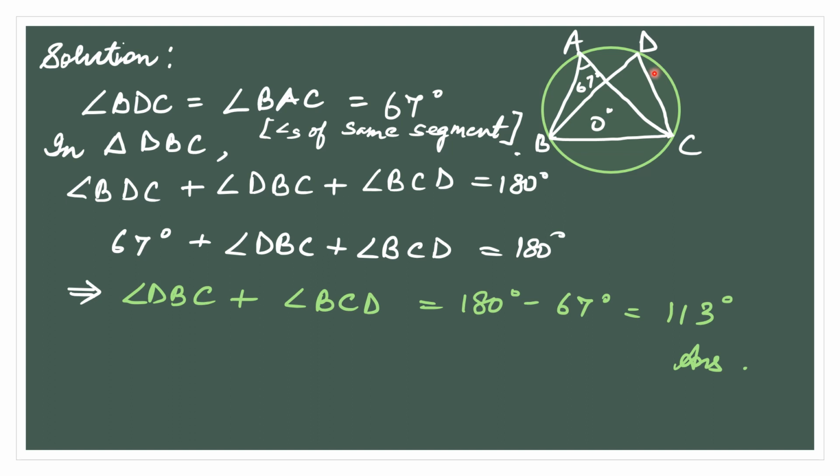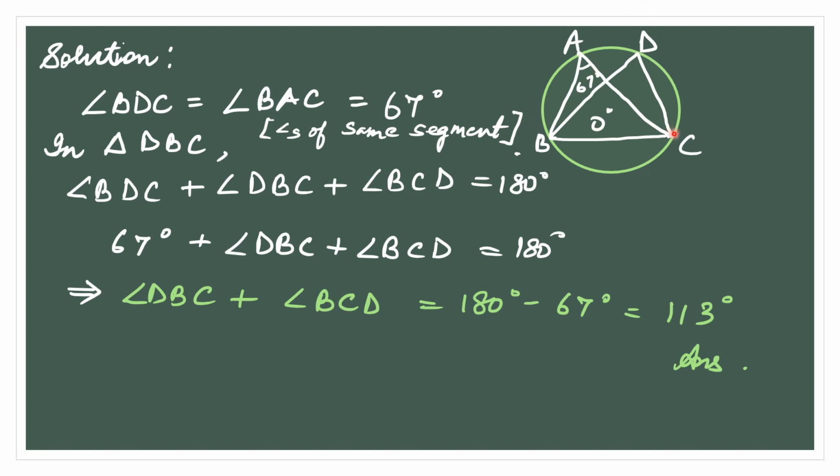Then what we have to find out is angle DBC plus angle BCD. It is very easy, children. Once you have found this, that is 67 degree, we take the triangle BDC.